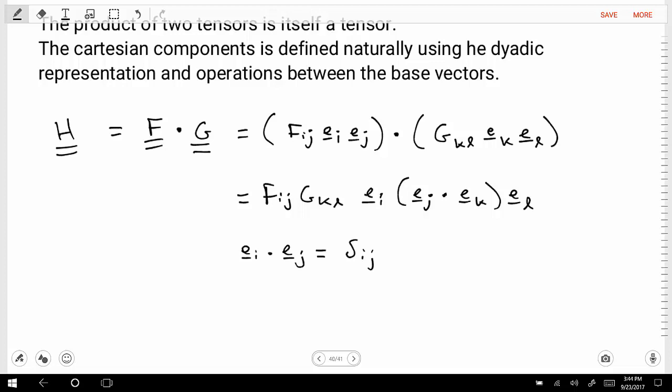Well, in this case, we have j and k. We can replace that with our Kronecker delta, and then we can rearrange and simplify this, changing our indices to find F_ik, G_kl is the base vector e_i and the base vector e_l.